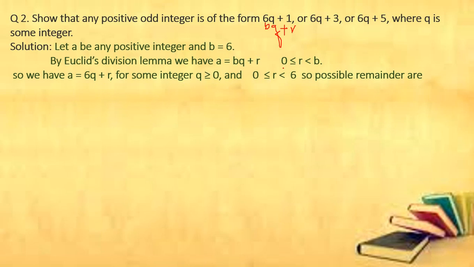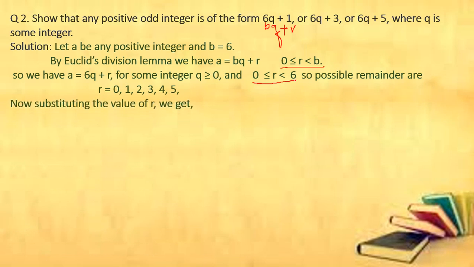According to the lemma, the remainder r is greater than or equal to 0 and less than 6. So the values of remainder are 0, 1, 2, 3, 4 and 5.